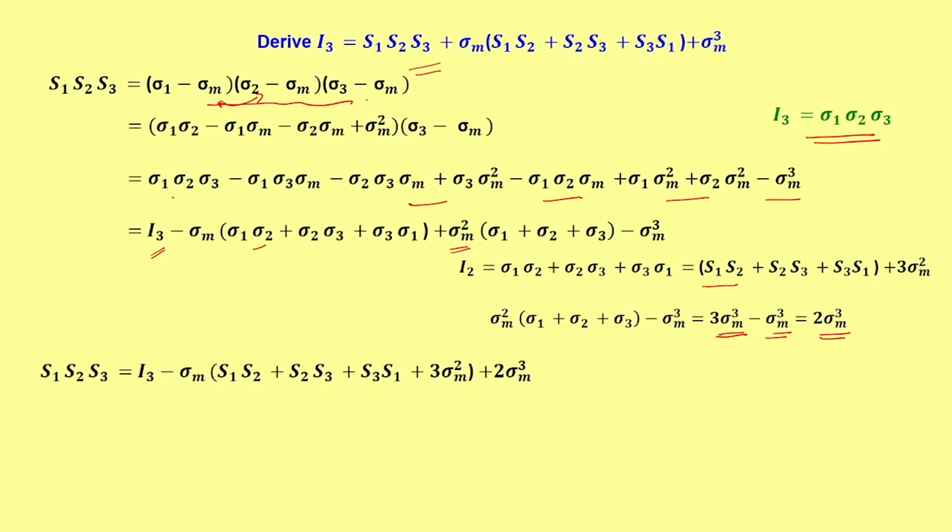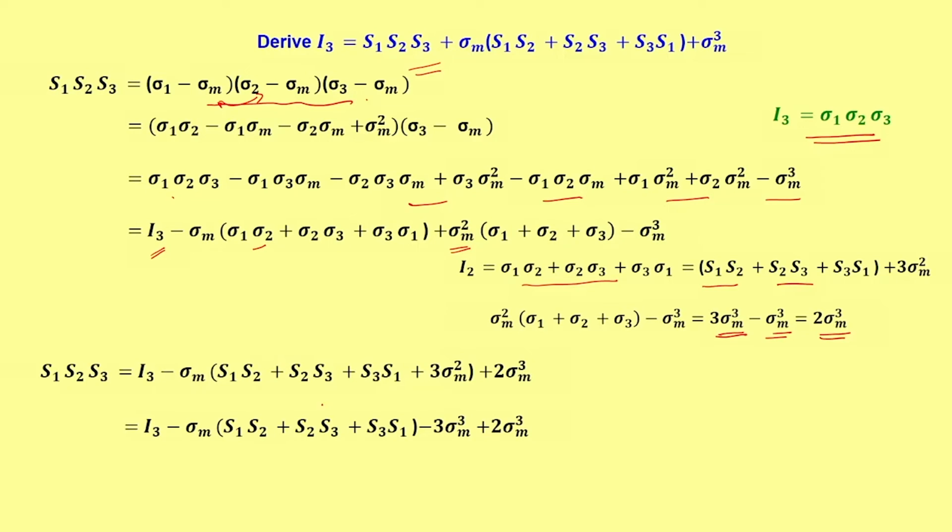Then you substitute back all this information, we will get I3 minus sigma m. This can be replaced by S1 S2 plus S2 S3 plus S3 S1 plus 3 sigma m square. I am replacing this by this here, plus 2 sigma m cube. So, that will give you I3 minus sigma m into this and minus 3 sigma m cube.